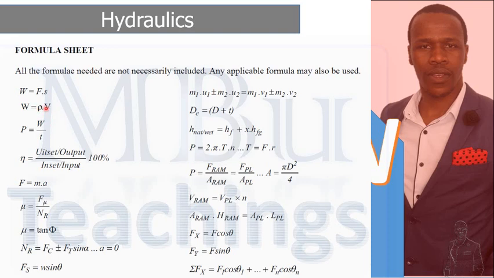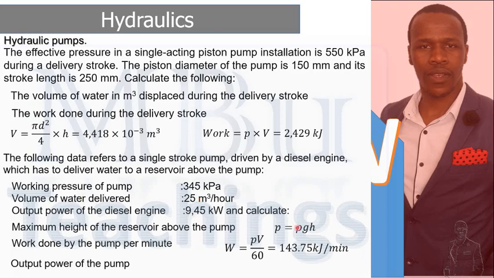Okay? Then let's go back there. We have pressure times volume divided by time, and the time is 1 hour. How many seconds is 1 hour? 3,600 seconds.